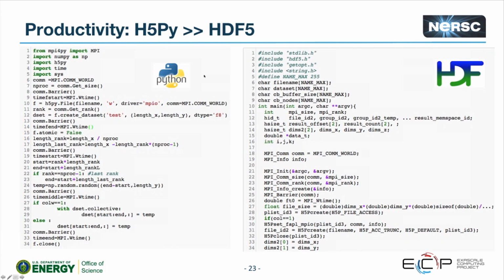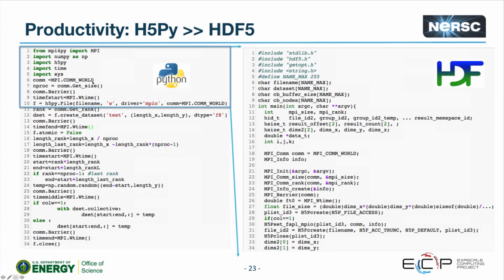In terms of productivity, this is the code comparison. We implement the same algorithm, same I/O, using two software: one is h5py, one is HDF5. The left is h5py, the right is C language. The first block matches a whole page on the right.